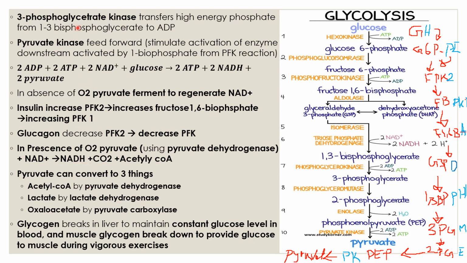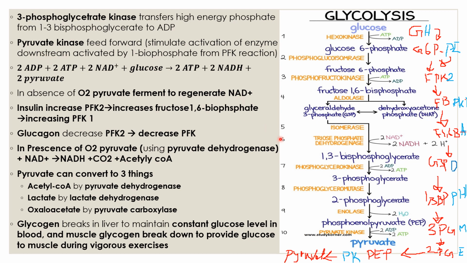3-phosphoglycerate kinase transfers high energy phosphate from 1,3-BPG to ADP. So you see, it transfers ADP into ATP as going from 1,3-BPG into 3PG.